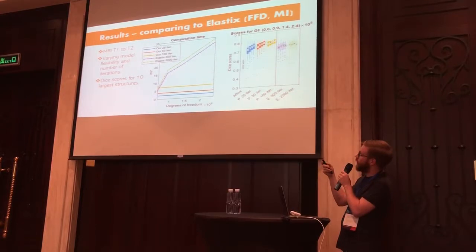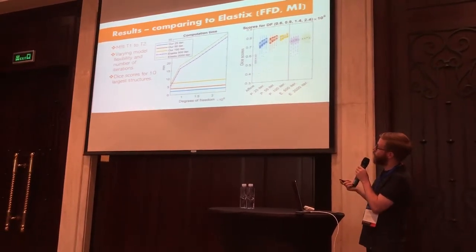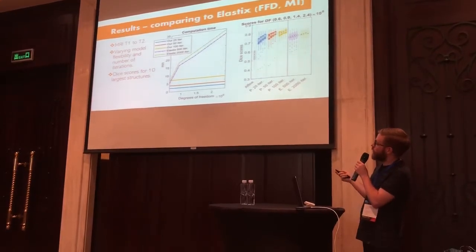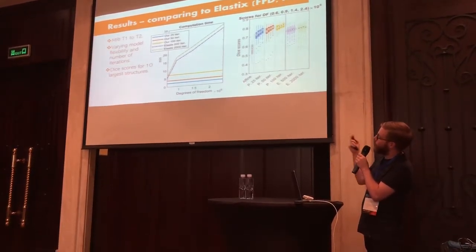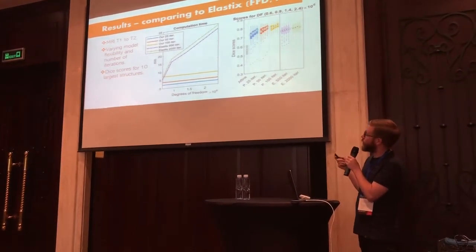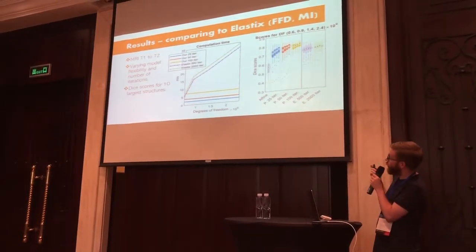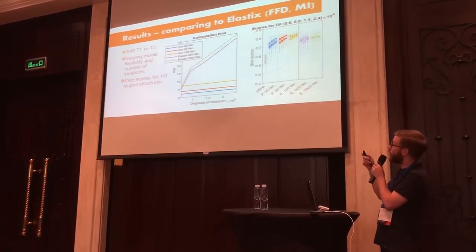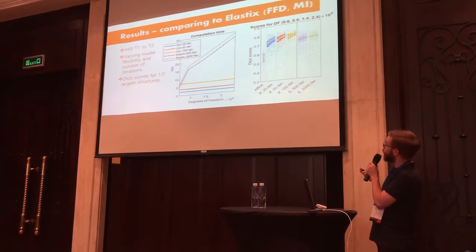We can see that for the lowest degrees of freedom, which quite often would be used with Elastix, our model is comparable in computation time to Elastix, but when you go up in degrees of freedom to something closer to what would be used in demons, Elastix becomes very slow.